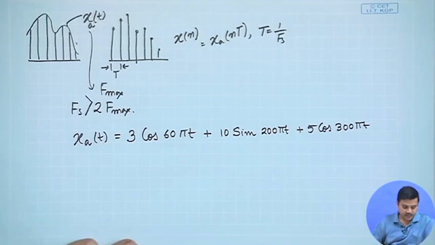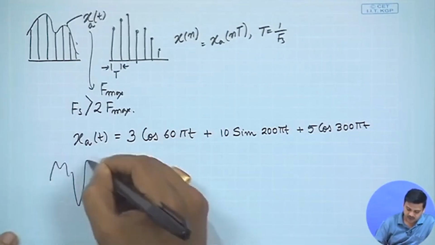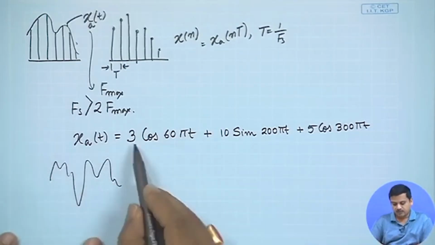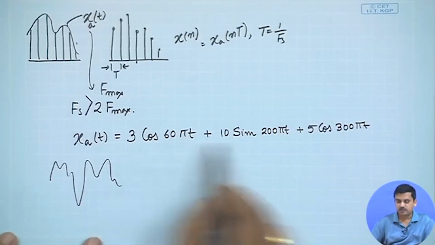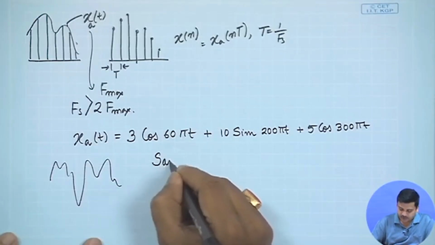So, if this is the case, suppose this is a combination of signals which comes in. That means the signal is made up of 3 sinusoids of different amplitudes and of 3 different rates. So, what is the sampling frequency?